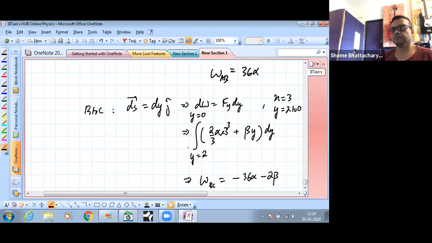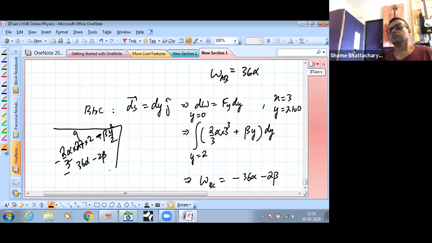You can see this would be 2 by 3 alpha into 27 into 2. That's 36 alpha, but with a minus sign. The second term would be minus beta y squared by 2. That would become minus 2. So this is what would happen.